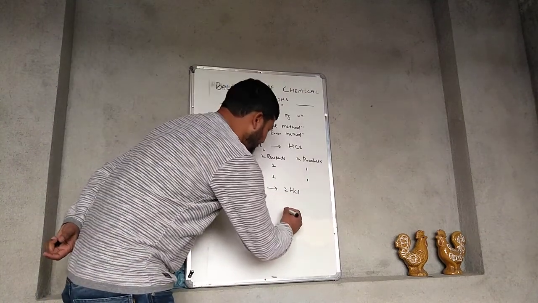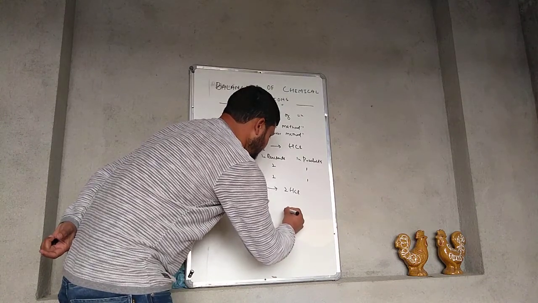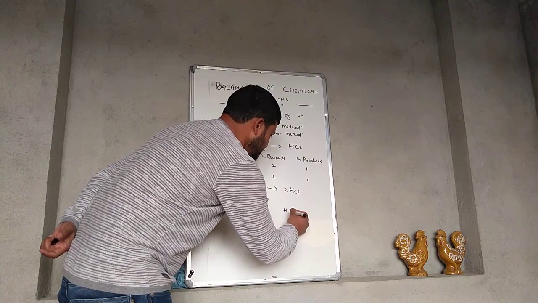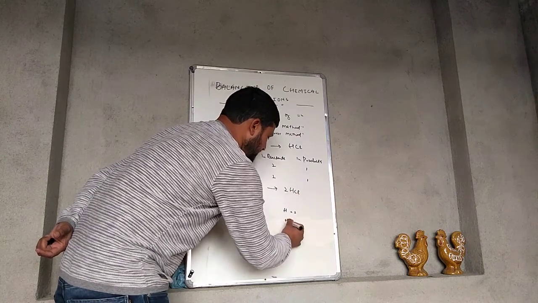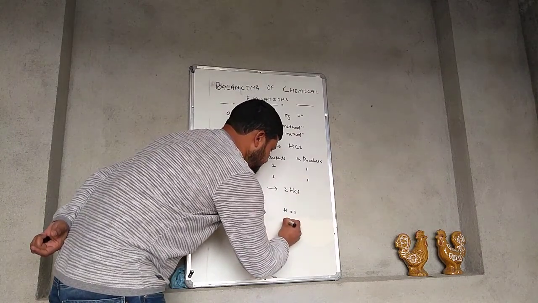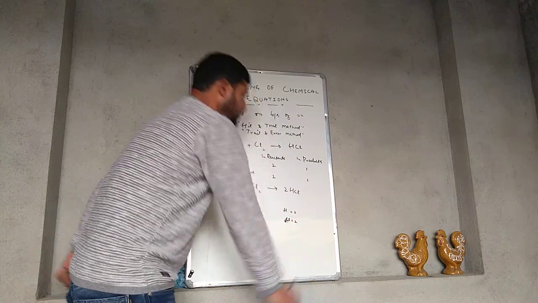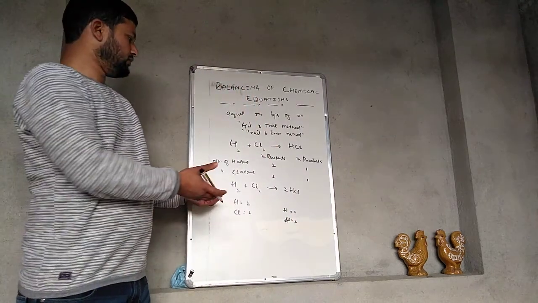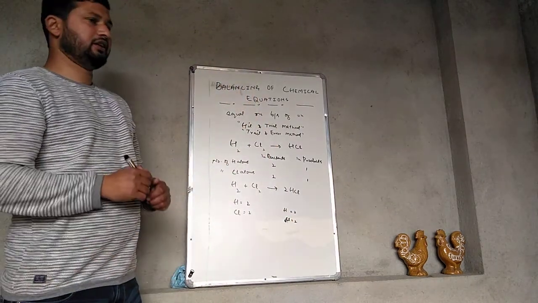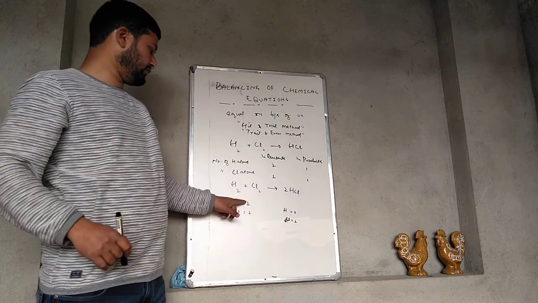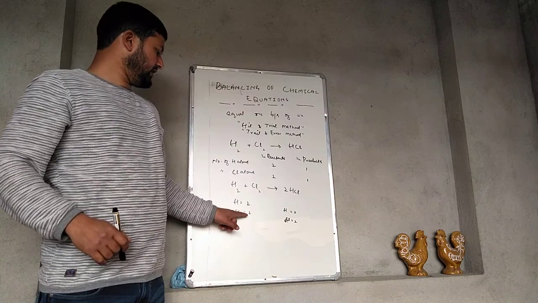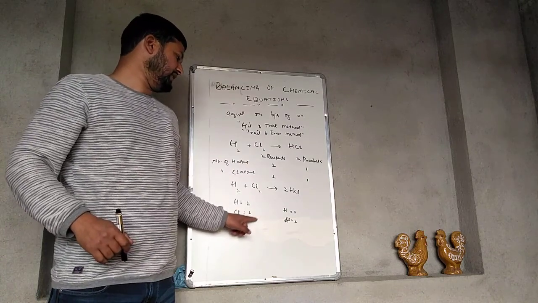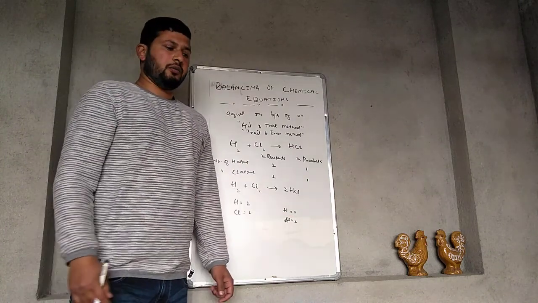On the product side, the number of hydrogen atoms is now equal to 2, and the number of chlorine atoms is also 2. So now it's a balanced chemical equation, as there are equal numbers of hydrogen atoms and chlorine atoms on the reactant side and the product side.